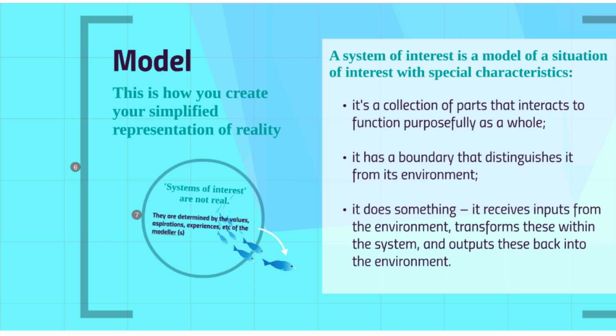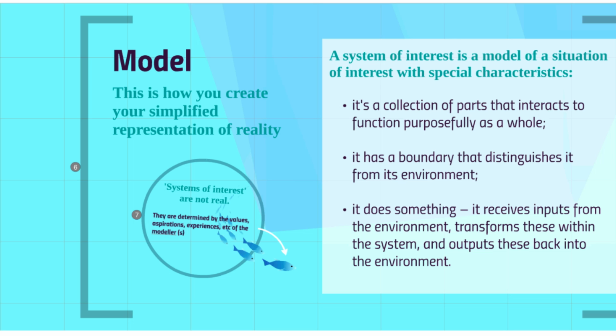The models that we create, the systems of interest that we identify, have a clear boundary around the system of interest that distinguishes the system from the environment, and it receives inputs. There's a transformation that occurs, and it produces outputs back into the environment.